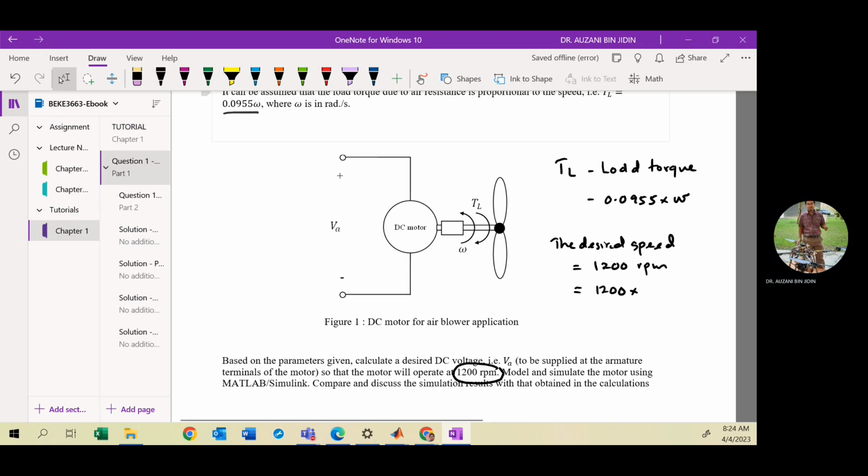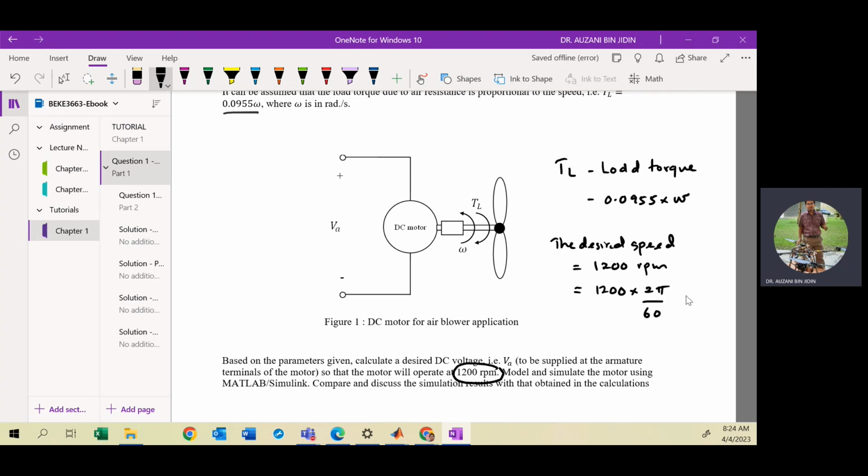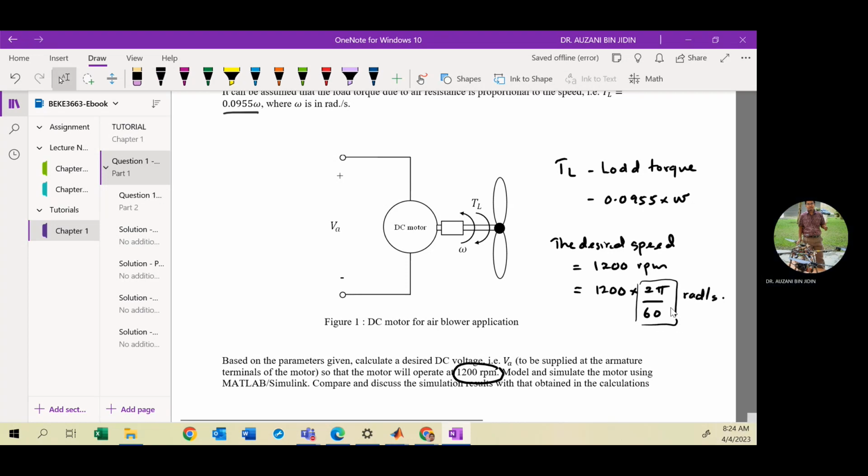RPM, so you have to multiply by 2 pi divided by 60. Then you get radian per second. Remember, this is the conversion from RPM to radian per second. RPM is rotation per minute.